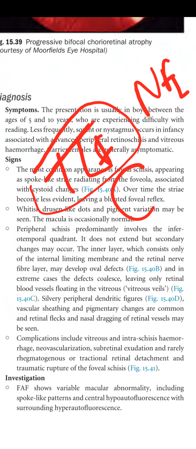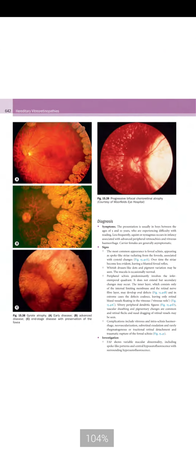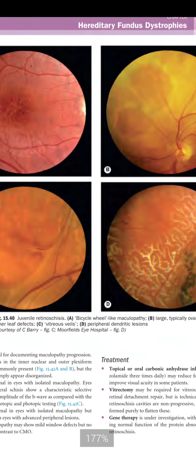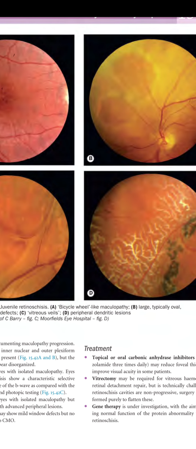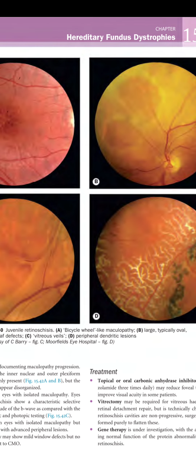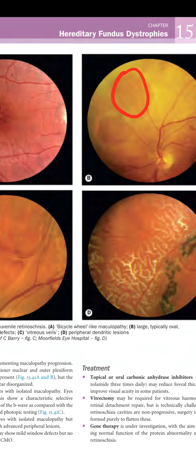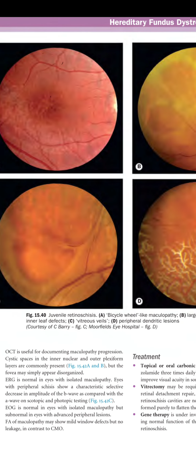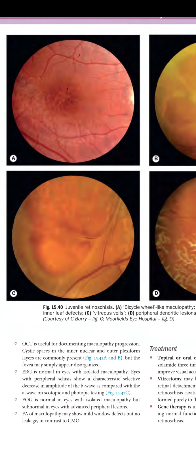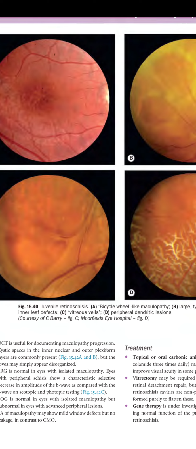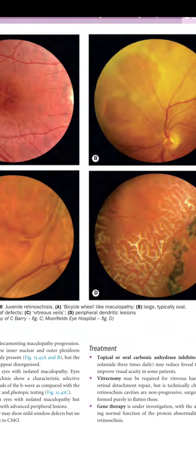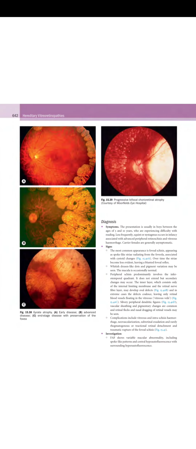So oval defects develop, and when the defects coalesce, they leave only the retinal blood vessels floating in the vitreous, which is known as a vitreous veil. Figure 15.40 shows a large, typically oval inner leaf defect. You can see the blood vessels floating, C shows vessels floating in vitreous veils, and D shows the peripheral dendritic lesions.